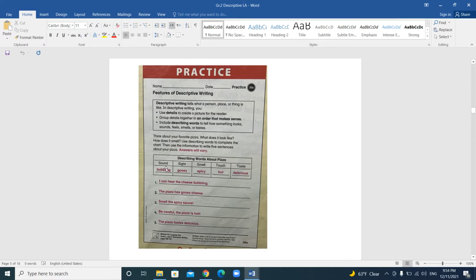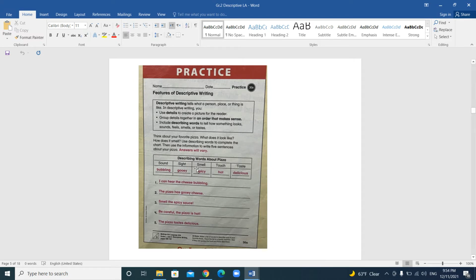So, for example, when you see the pizza in the oven, it's bubbling. Some of you said you see the cheese bubbling in the oven. Sight, it looks gooey. Gooey means it's a little bit slimy or soft. Some of you said it looks cheesy. Some of you said the crust looks crunchy.